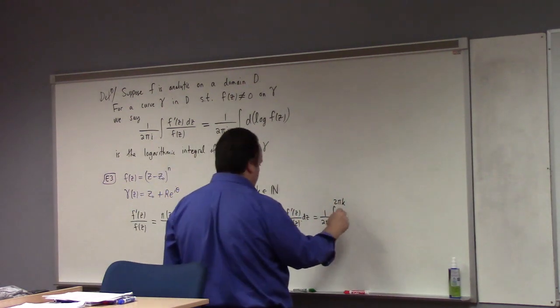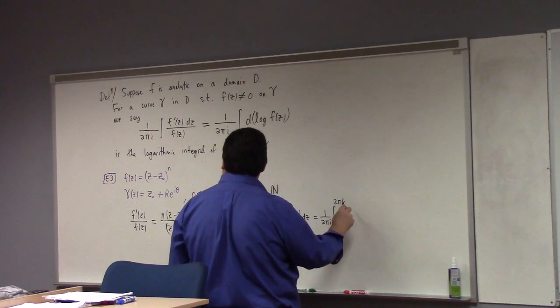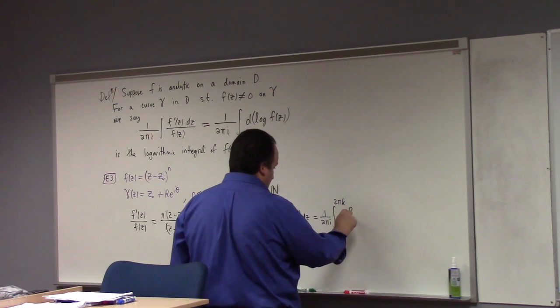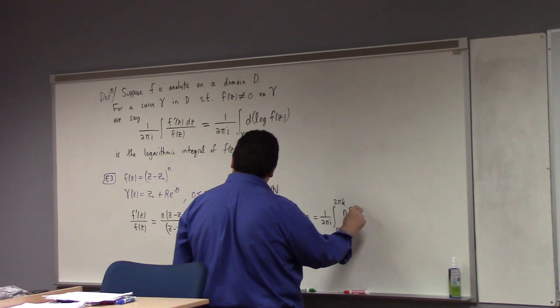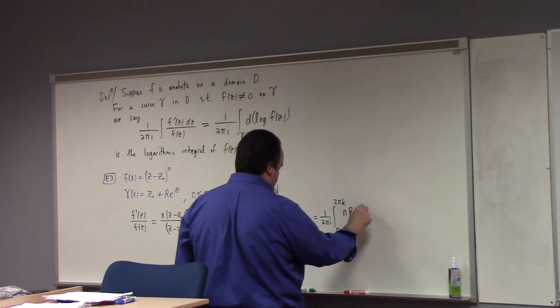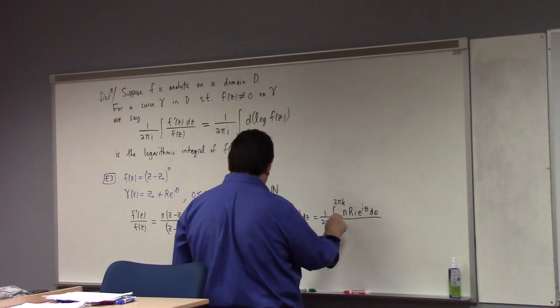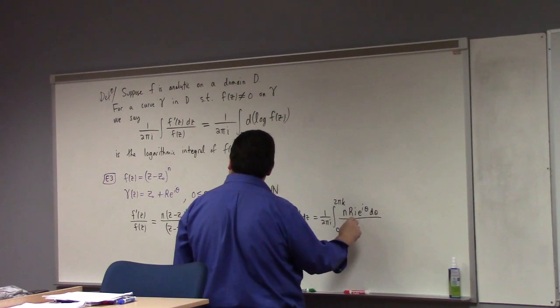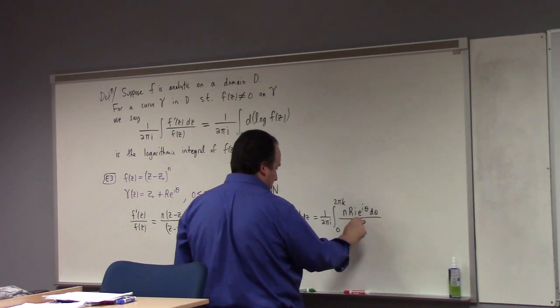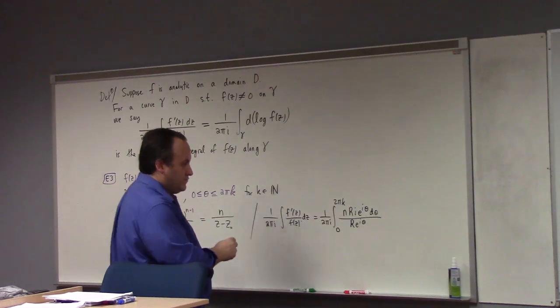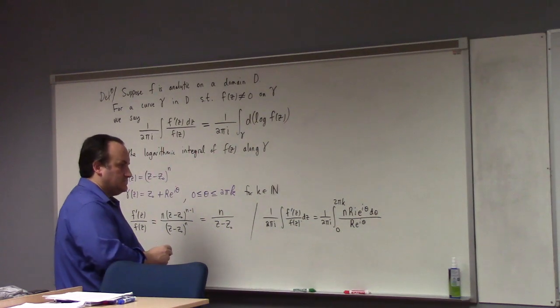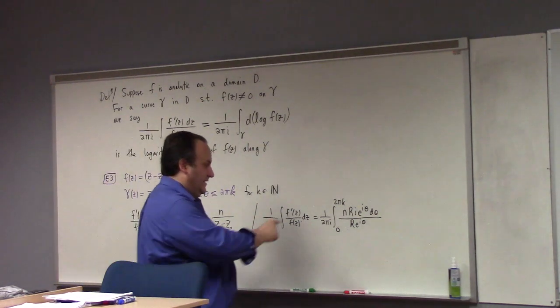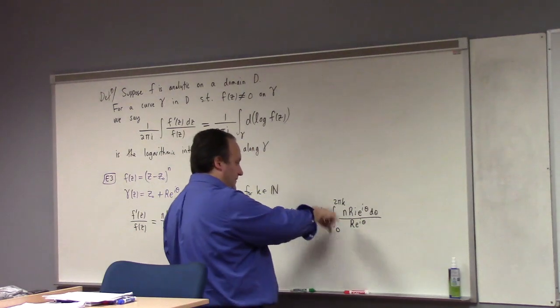And we're just going to have n r i e to the i theta d theta divided by, well, z minus z naught is what? It's r e to the i theta.